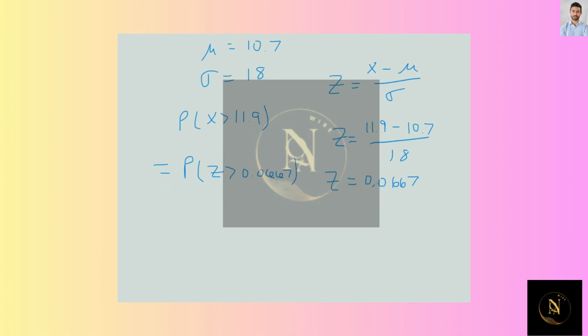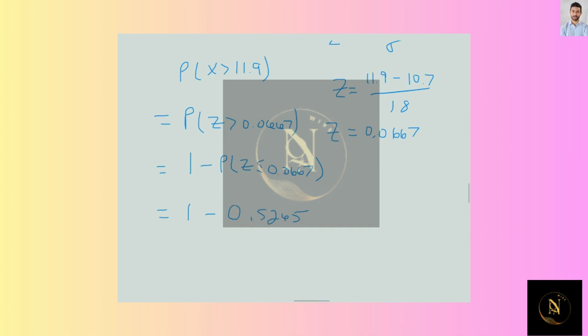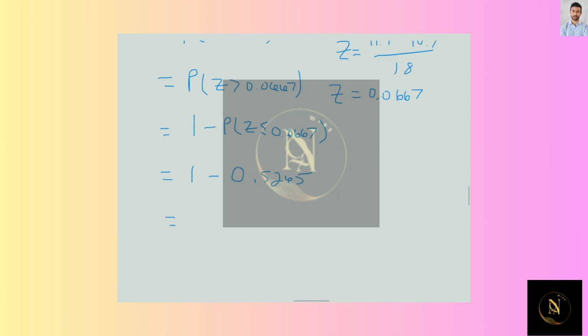And that is the same as 1 minus the probability that z is less than or equal to 0.0667, and then you can use the table because the tables read to the left. And if you look about 0.07 up in the z-table, you get 0.5265. And so that's 0.4735.